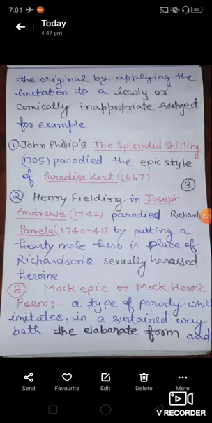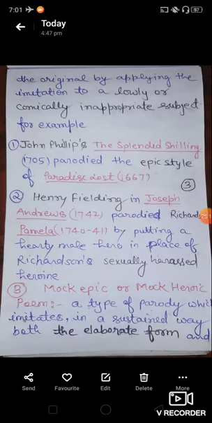And obviously when this is mock epic, it is a kind of high burlesque that is different from parody in the sense that here we see how an epic is being imitated, as the name suggests itself.